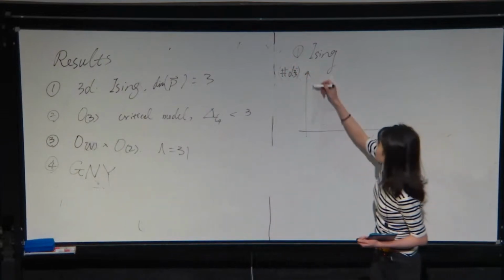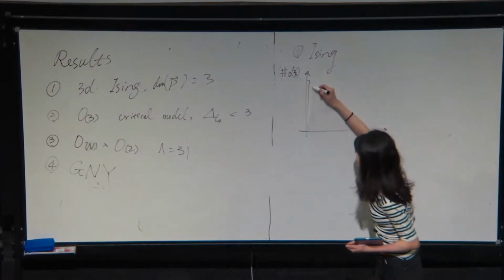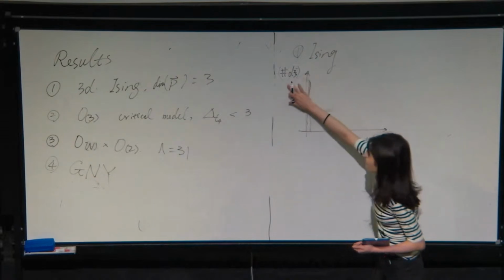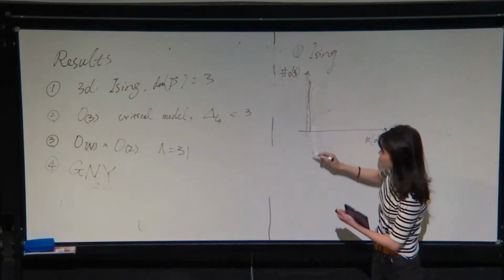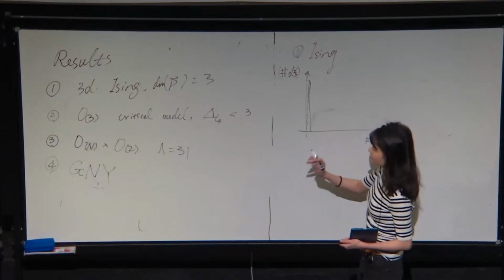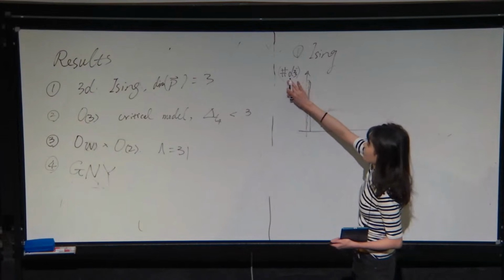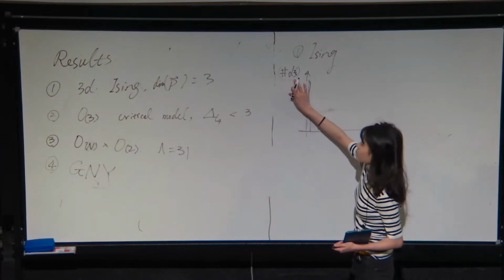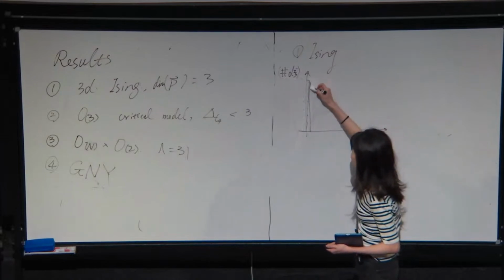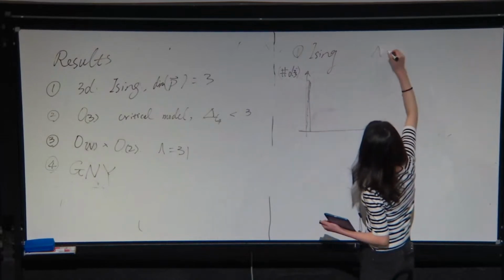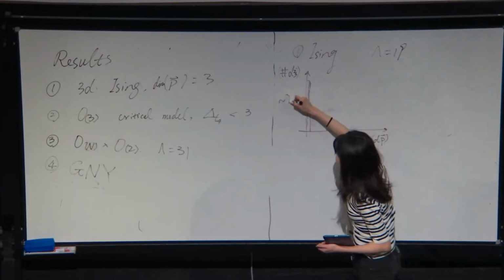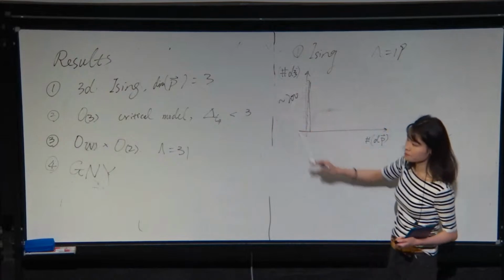For a single SDPB run at a fixed P, its complexity is characterized by how many steps in C it has to take. For Ising at lambda equals 19 and 3D search, it's usually about 200 iterations for a single SDPB.